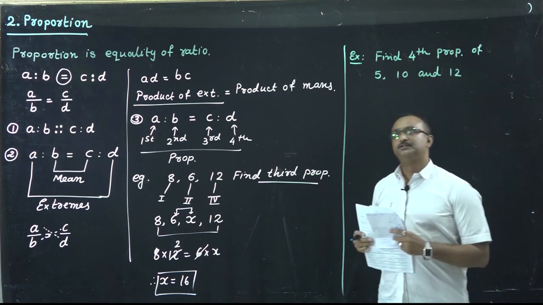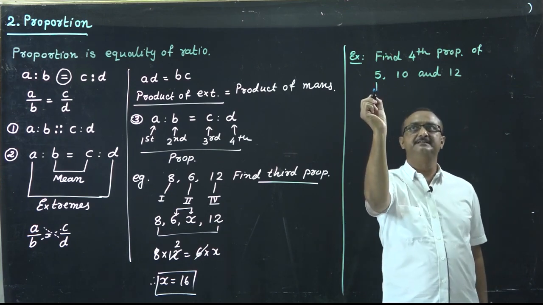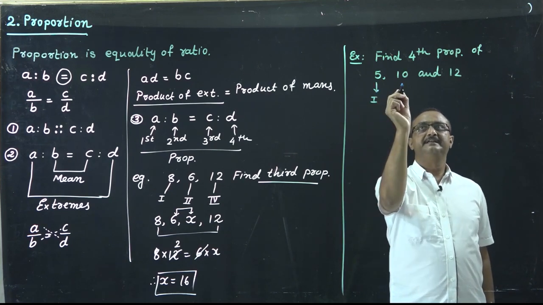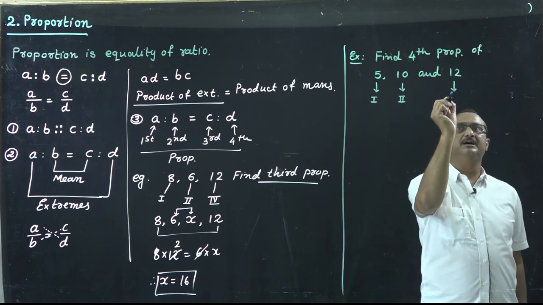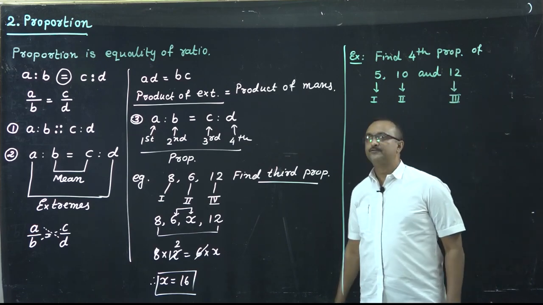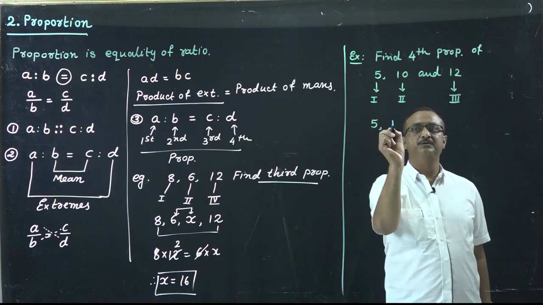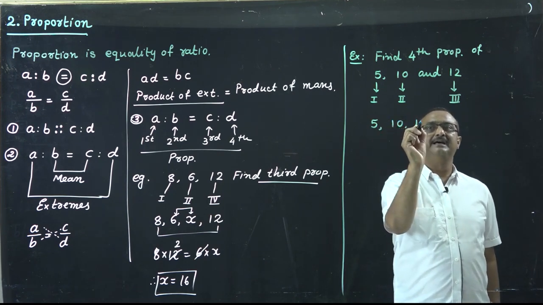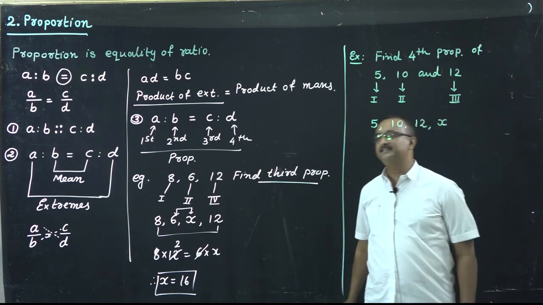So we have to find the fourth proportion. See, it is the first proportion, second proportion, our third proportion, and the question is asking for the fourth proportional. So we can write first proportion 5, 10, 12, and let us assume that the fourth proportion is x.